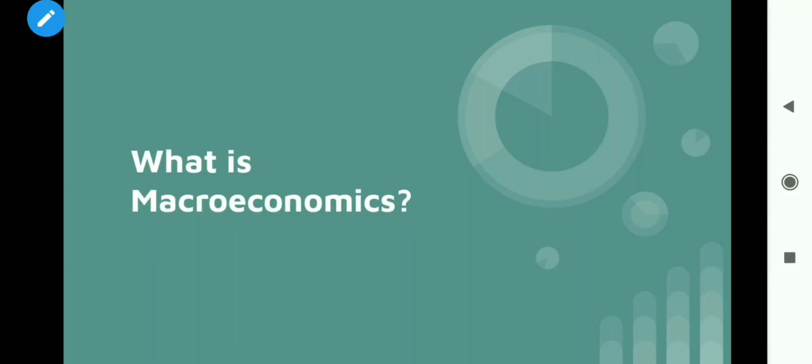Macroeconomics is a little different from microeconomics, though both are related in the sense that macroeconomics derives much of its theories from microeconomics. There is a basic difference between the two. Macroeconomics studies the larger concept of the economy as a whole.